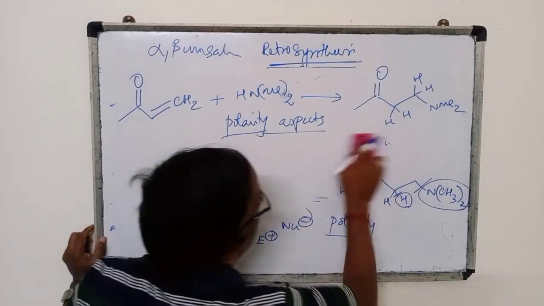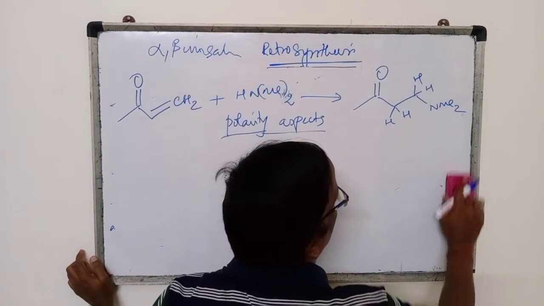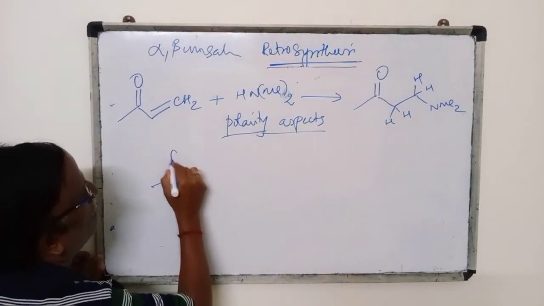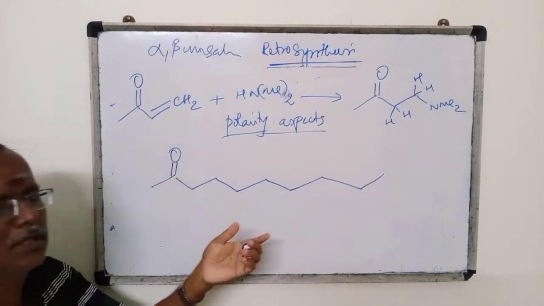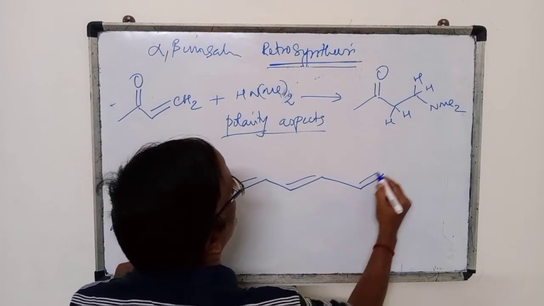How to generalize it? You just take any kind of carbonyl compound and extend this. You can extend this to any number of positions, provided you must have the unsaturated system.